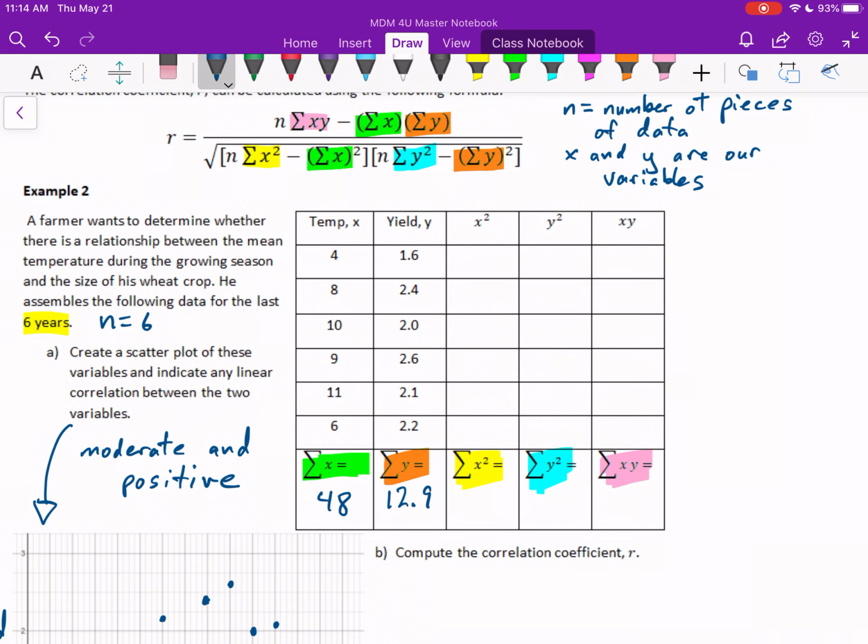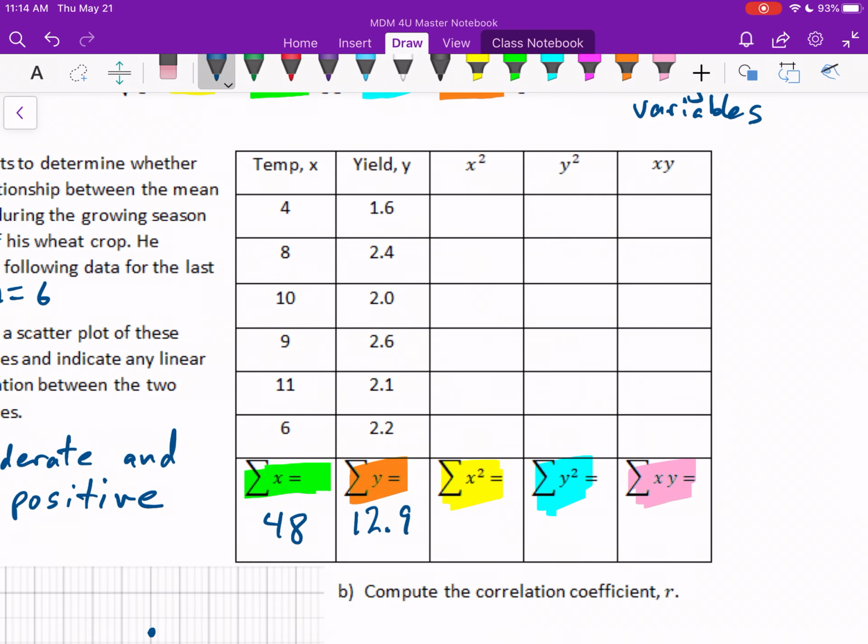If I want to get the values that go in the third column, all I do is square my different x's. So 4 squared is 16, 8 squared is 64, and so on, right? That's not hard to do. 100, 81, 121, 36. And when I add those up, I get 418. And then when I want to get my y squared, I'll just square these guys.